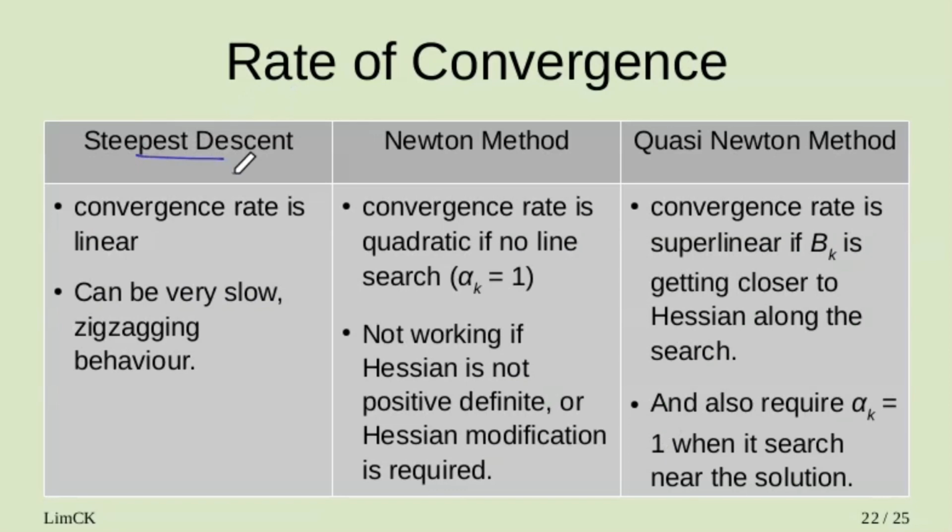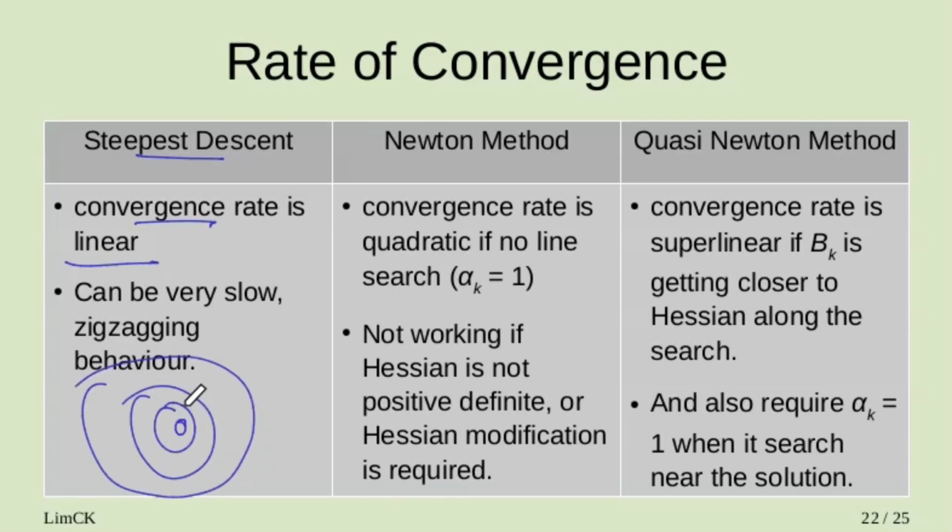For the steepest descent, as I mentioned just now, the convergence is slow, or sometimes we call it linear convergence. The convergence rate is linear. This one I will explain again later. And it has a zigzag behavior. Zigzag behavior means that, if I present this in the contour and you start from here, most probably you will have something like this.